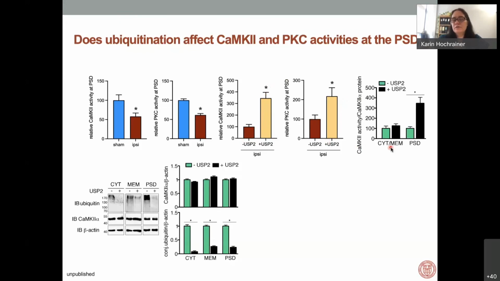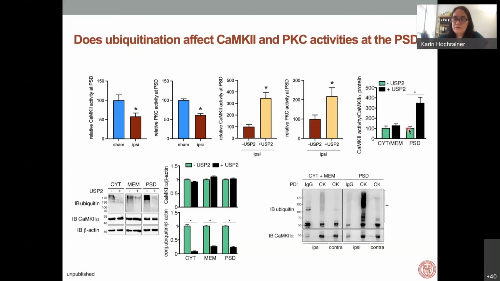And further, if we look in case of CaM kinase, also at the cytosolic and membrane fractions where CaM kinase is also present, we do not see this kind of effect. And this goes hand in hand with the fact that ubiquitination is really particularly found at the postsynaptic density of this enzyme.